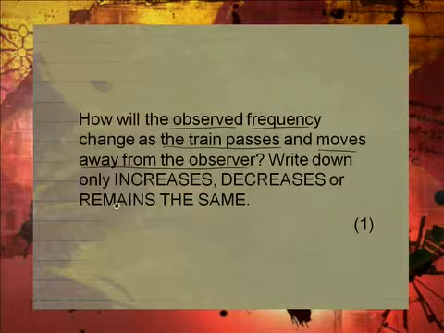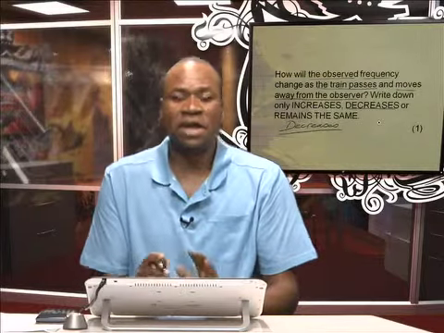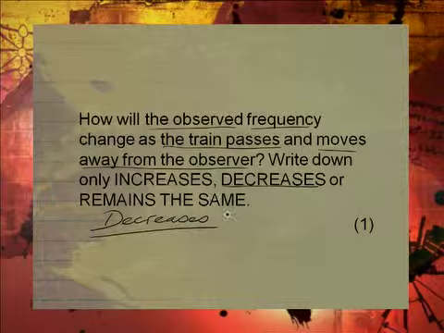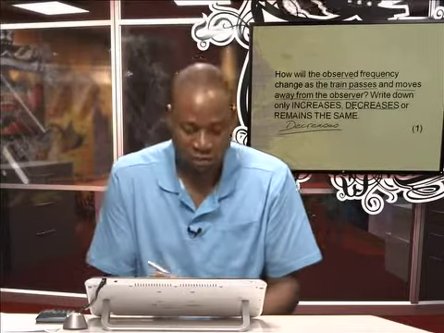What we know is that the frequency as observed or perceived by the listener is going to decrease. So our answer here is decreases. Now be careful of these questions. They say to you, write down only increases, decreases, or stays the same. Please write down the correct answer from there. Don't come up with other descriptions.